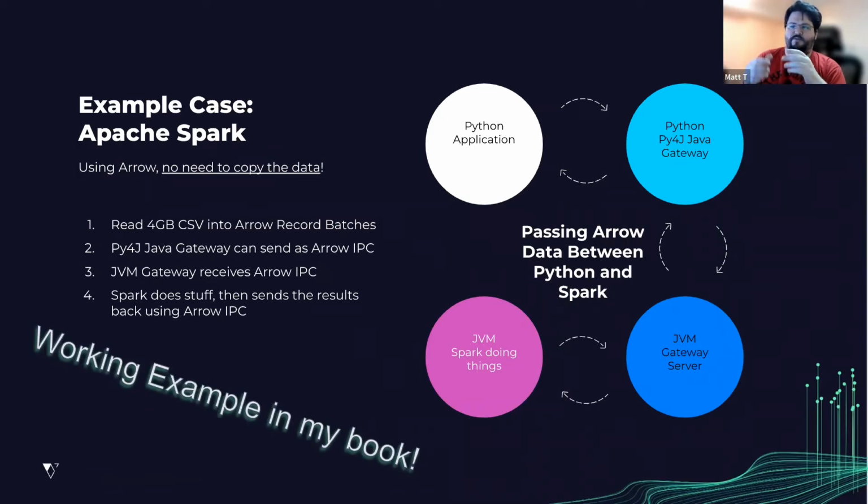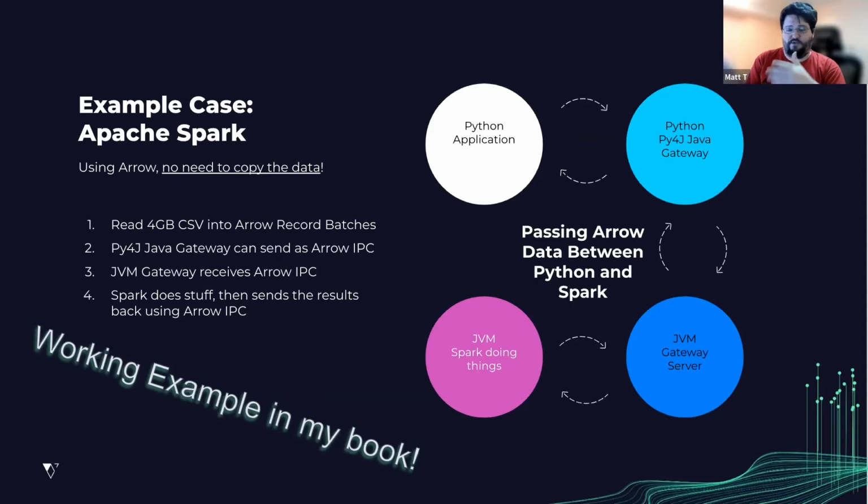So if we read that 4 GB CSV into a stream of Arrow record batches, and we pass that using Arrow's IPC, interprocess communication format, to the Python Java gateway, it can just hand the raw bytes, the memory as is, to the JVM. No copy, no serialization, nothing. Just gives a pointer to the JVM and says, here's your memory.